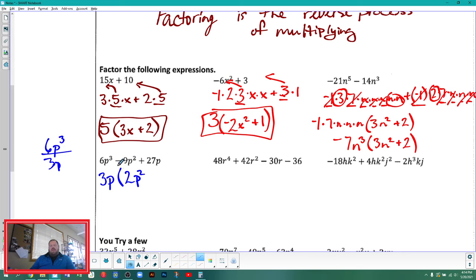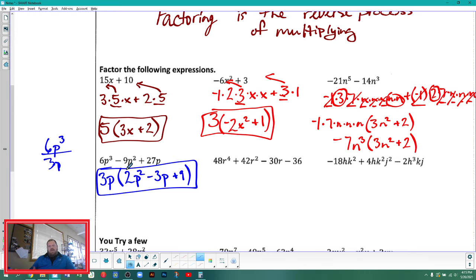Negative 9p squared divided by 3p: negative 9 divided by 3 would be negative 3, p squared divided by p would be p. 27 divided by 3 would be 9, and p divided by p would be 1. And so that is completely factored. And that's a lot quicker and easier way to do it.